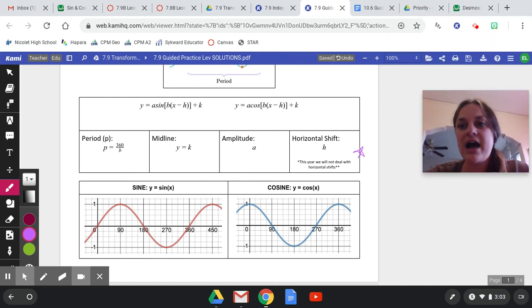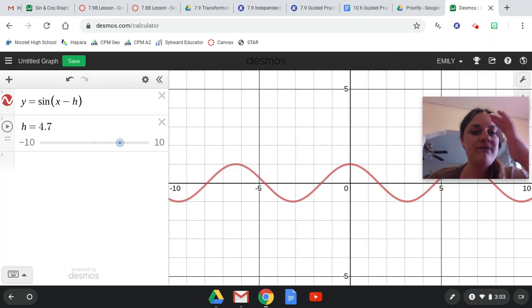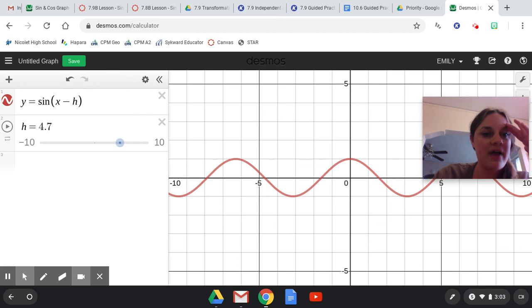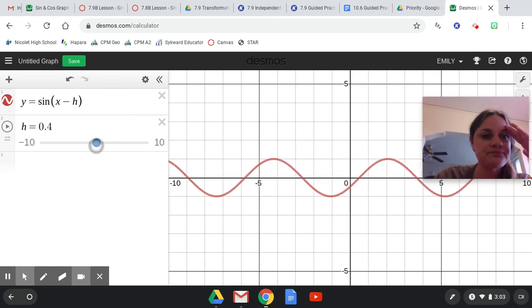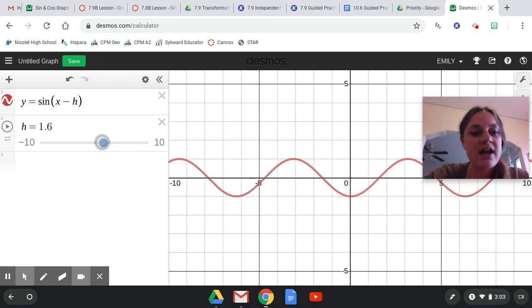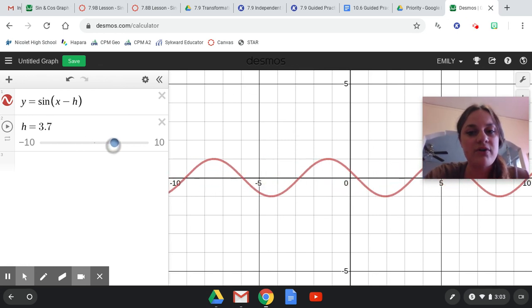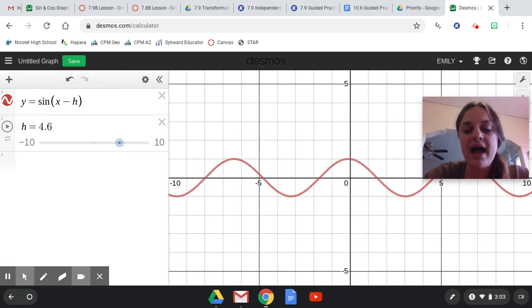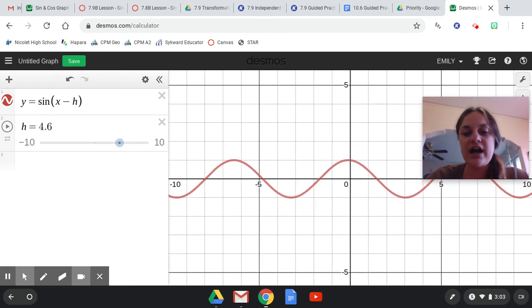One thing to note is that this year we will not be talking about horizontal shifts. I just want to point out the reason why. Right now I've got this sine curve, and you know it's sine because sine soars, okay? But if I take this and shift it over to the right, now if I look at the graph, it looks like cosine. Cosine crashes, right?